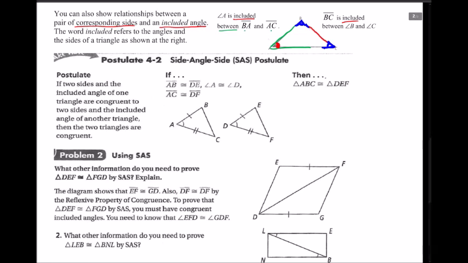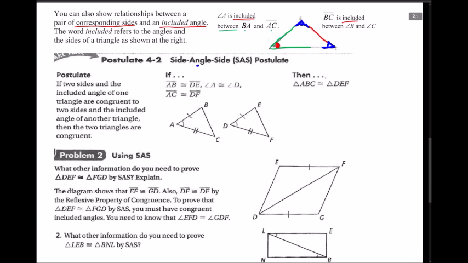So included is important to us here. Let's look and see why. Our side angle side postulate, guess which parts of the triangle we're going to be using for congruence here. I bet we have a side and an angle and another side. And look at where this angle is positioned.